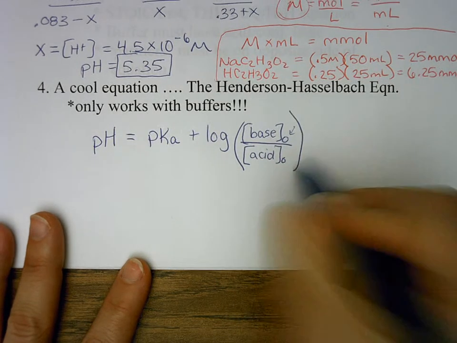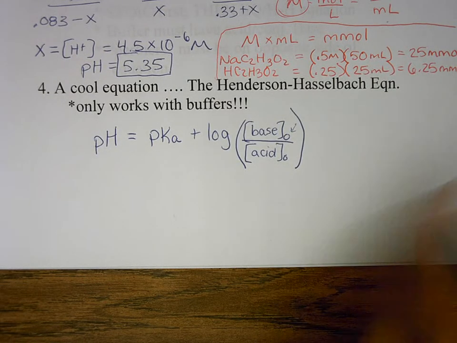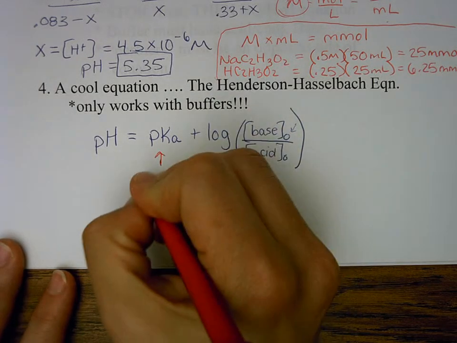And that's it. If pH is calculated by taking the negative log of H, how do you think you calculate pKa? Negative log of the Ka value.